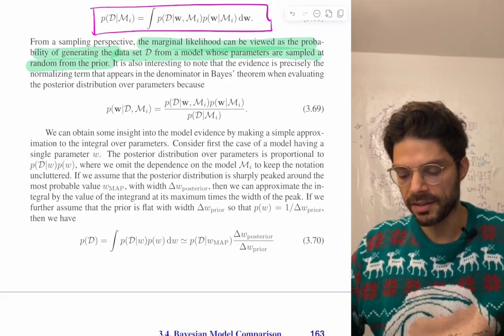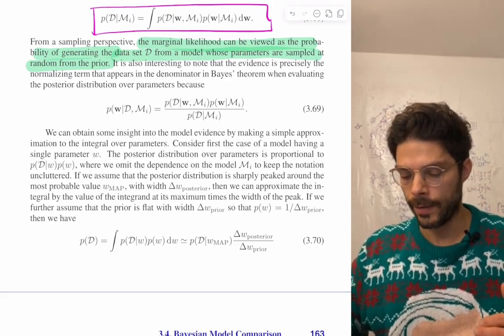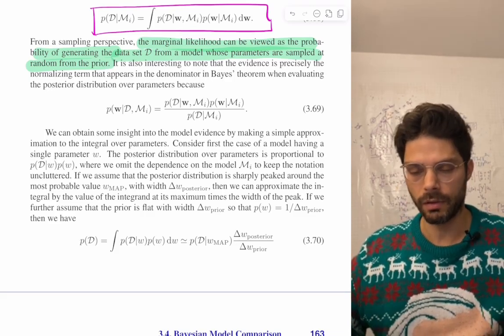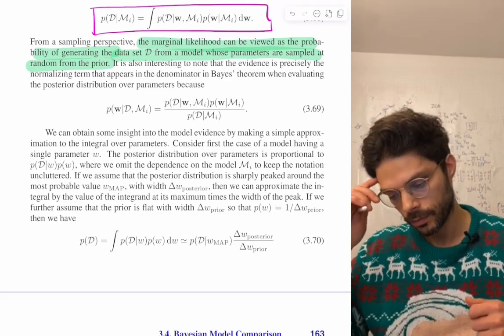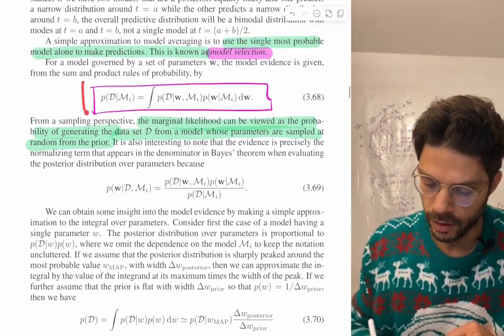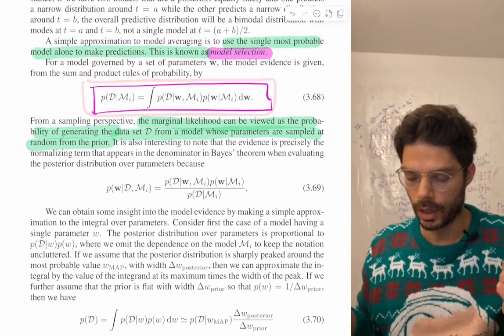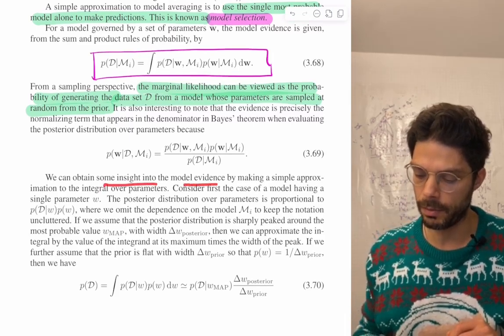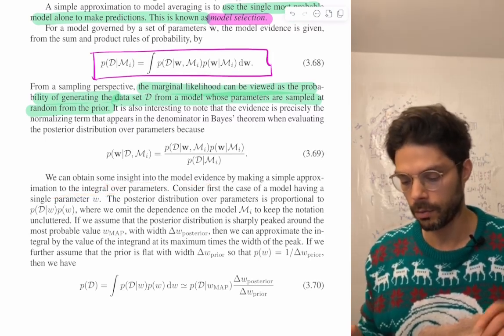In this next little paragraph, he's going to use a simple example and make some simple approximations to give us intuition about how this important integral works and how the regularization comes in. So let's see what he says. Okay, so we can obtain some insights into the model evidence by making a simple approximation to the integral over parameters.